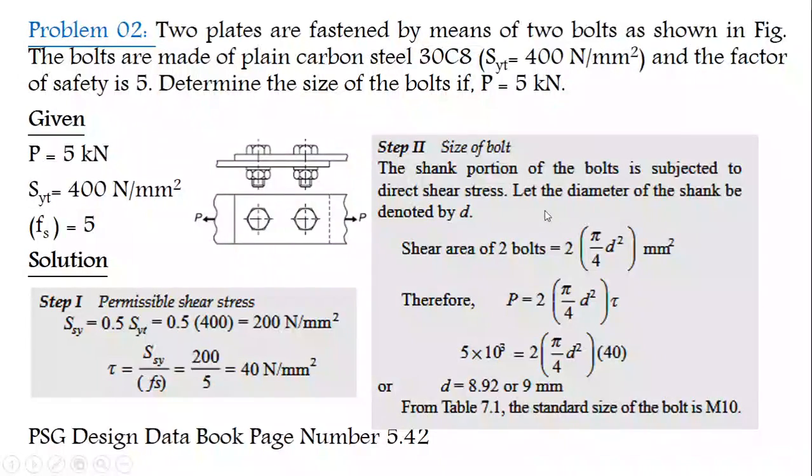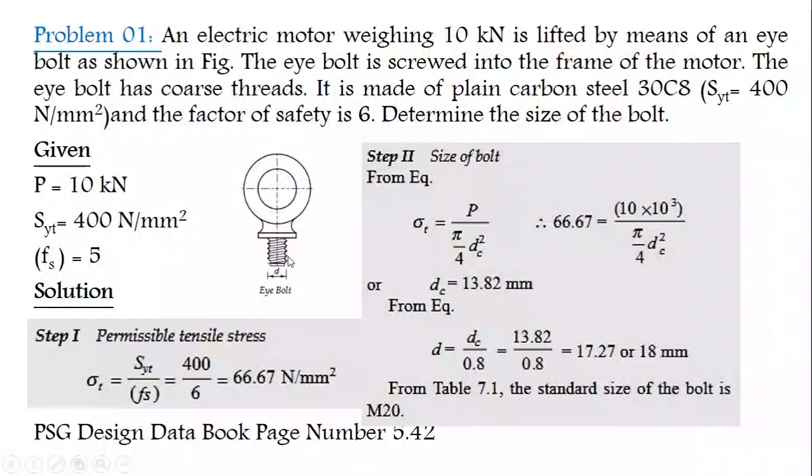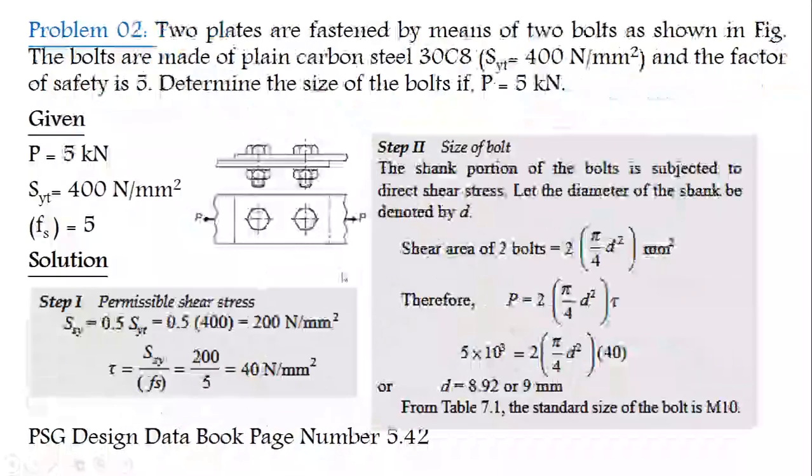Let the diameter of the shank be denoted by D. In the previous problem, in tension, the load is acting and stress is acting on the core diameter of the thread, so we found the area of Dc. In this problem, the shear stress is acting on the shank of the bolt, so we can find the outer diameter of the bolt, because the shank of the bolt is equal to the outer diameter of the thread.